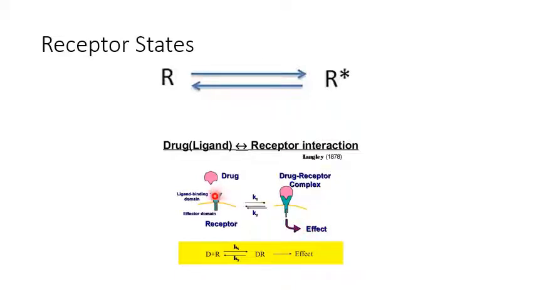The rate at which the drug is bound to the receptor and converted to the activated state is determined by a rate constant. Also, there is a rate constant for the release of the drug from the drug-receptor complex and inactivation, to go back to its resting or inactive state.